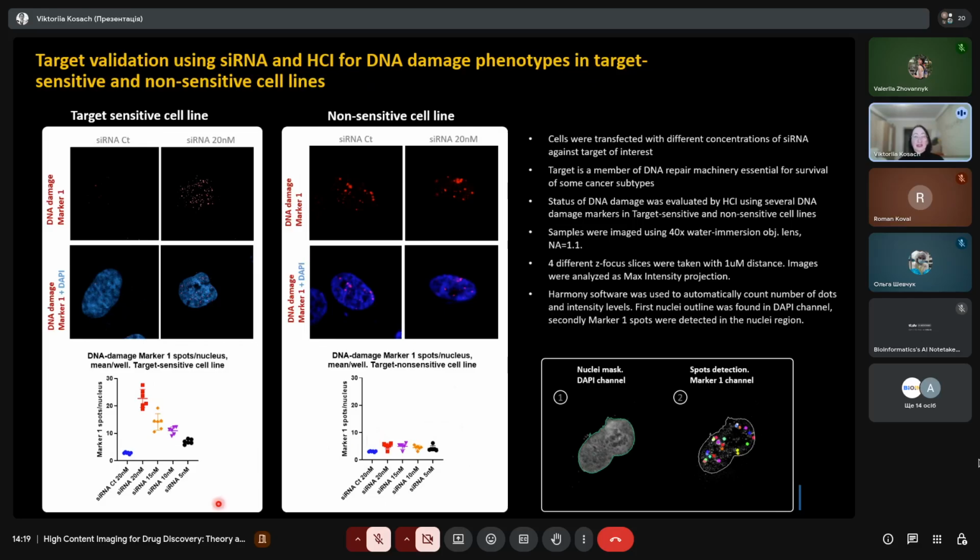So for us, it was a clear example of the target involvement in DNA damage in sensitive cells. And for this assay, we just segmented the nuclei and counted the number of DNA damage foci inside the cells.